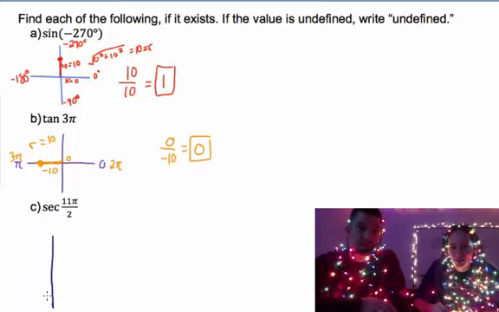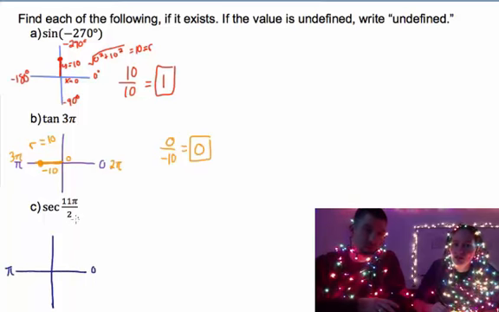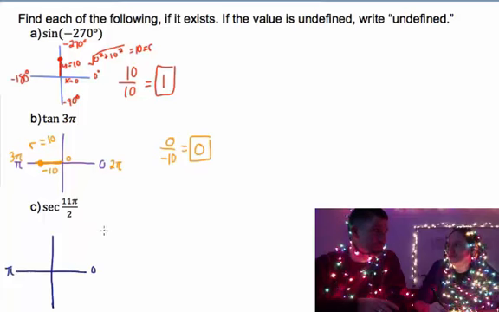Let's find 11 pi over 2. I know right where that is. Do you think it's helpful here to actually change this to a mixed number? I think it has some potential. But I was actually just going to count it off the first time and see if I got to the right spot.